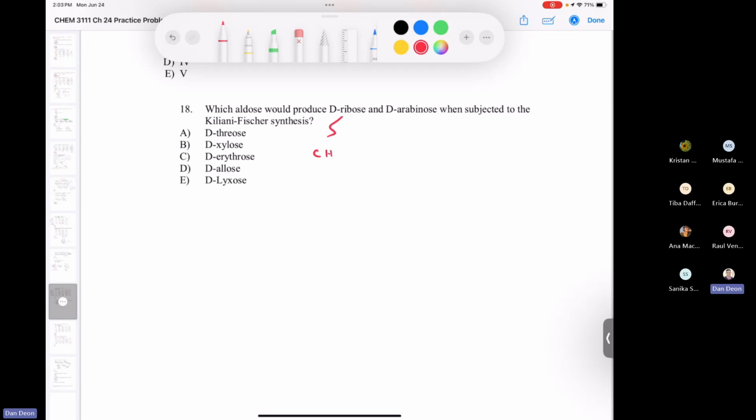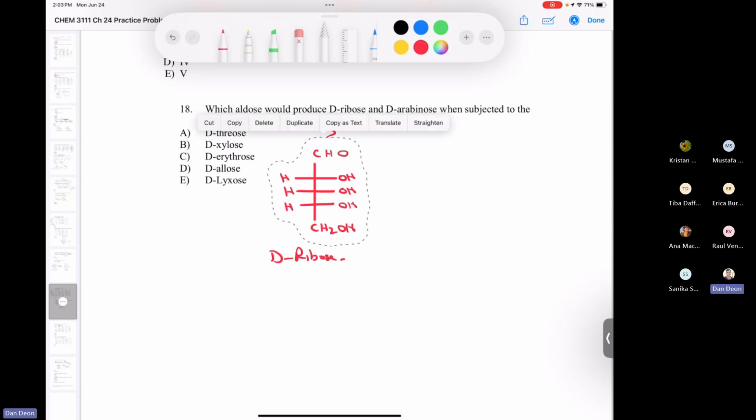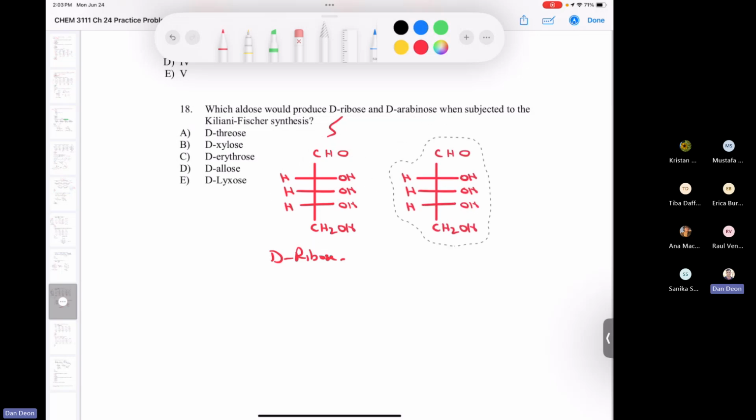So if I just put the structure of D-ribose quickly, it's an aldopentose. So we have all of our hydroxyls on the same side. Okay. So this is D-ribose. And then if I just copy that and paste it here, and I'll change the color, all right, so this would be D-arabinose.